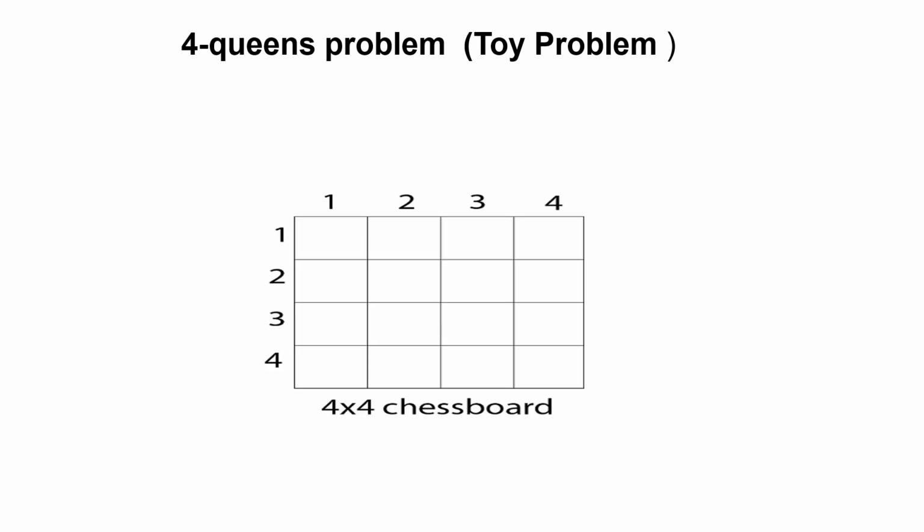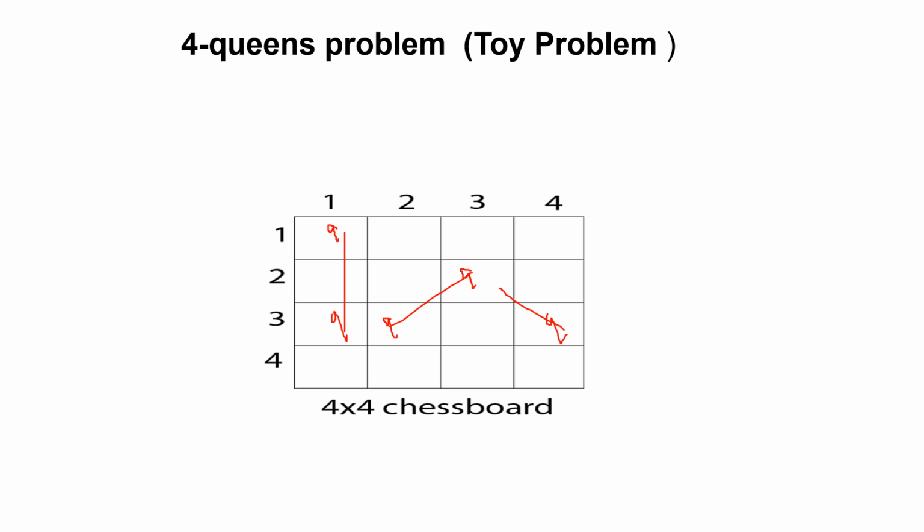For example, assume I start by placing this queen here, then the second queen may be here, and the third queen I cannot place here because it's going to attack this one. If I place the third one here, it's going to attack. If I place it here, it's going to attack. So this plan will not work.